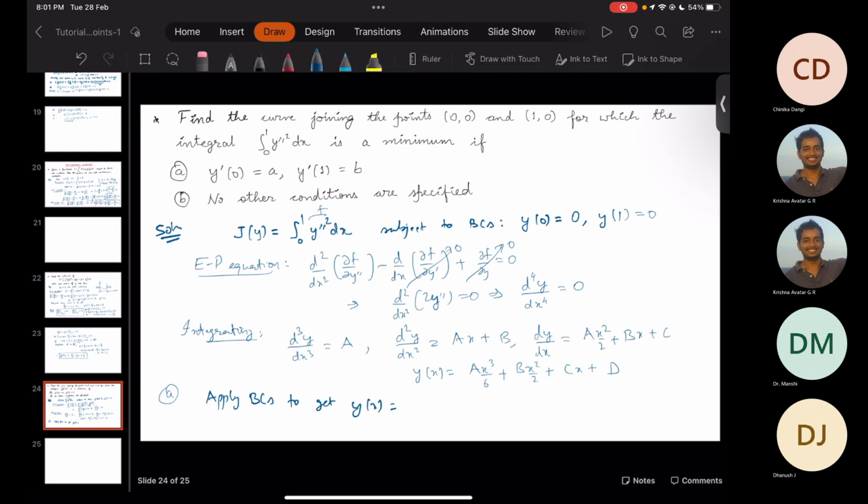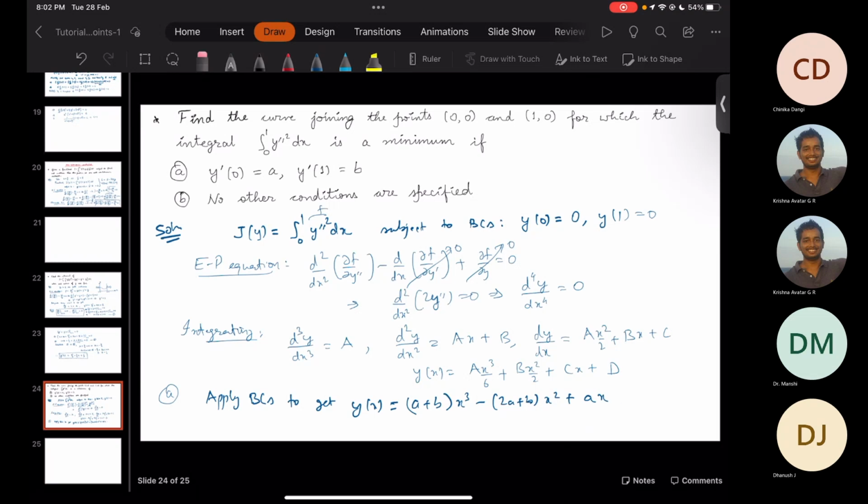I'll just write the final expression. So this is nothing but (a plus b) x cubed minus (2a plus b) x squared plus a x plus d is 0.